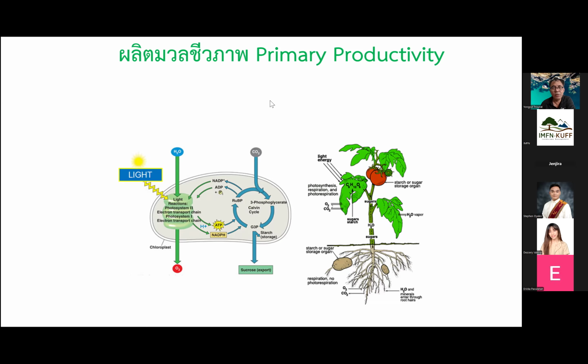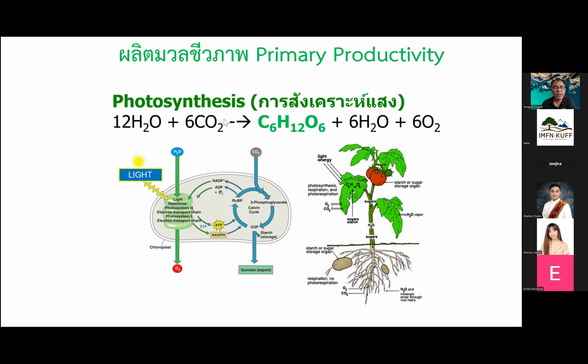If I recall, when you were young, studying at primary or secondary school, we studied photosynthesis, that the plant can use water and carbon dioxide and transform these into carbohydrate, and release water and oxygen.